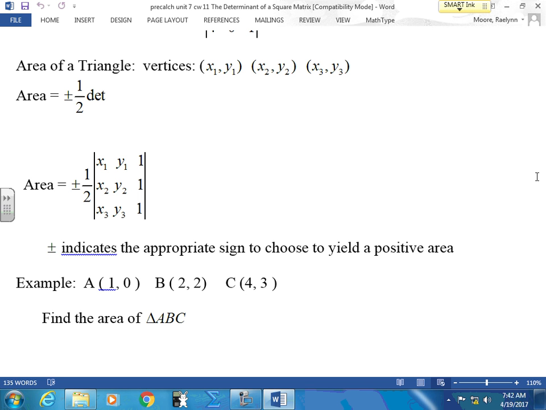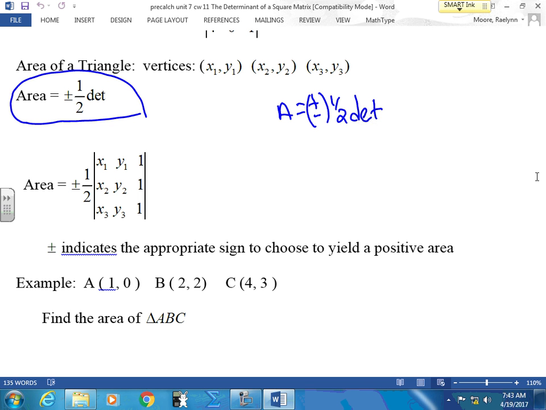We're going to give you a part of a triangle, and this is going to be your formula. Instead of area equals 1/2 base times height, its area equals 1/2 times the determinant. Now the reason we put a plus or minus here is because your determinant can be negative, but your areas can never be negative.